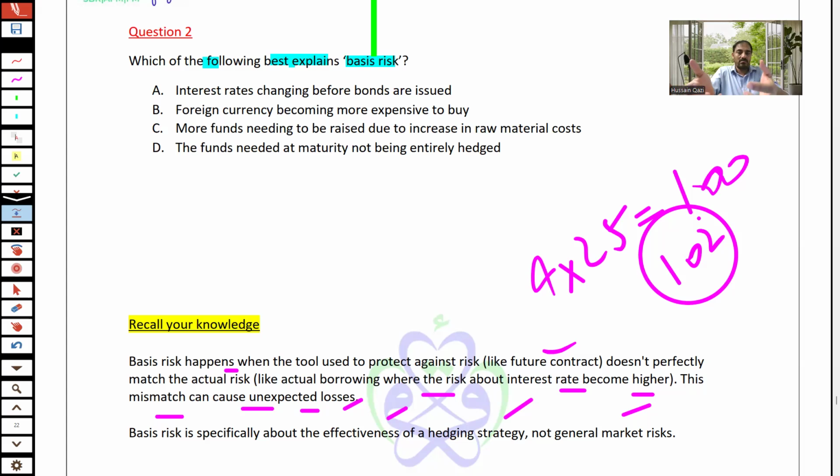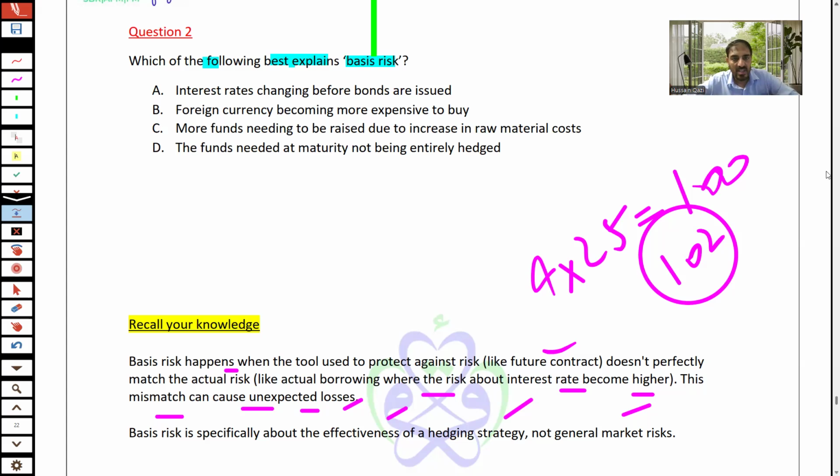For example, with a forward contract, I approach the bank and ask to protect $102,000. Give me a forward contract for 102,000. The bank will accept my query for 102,000. No inefficiency. Basis risk is not about the market.